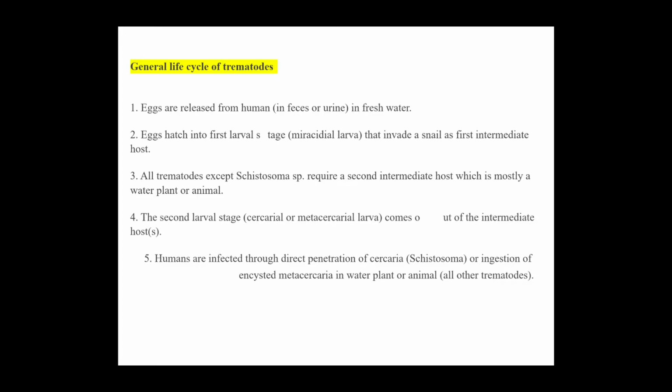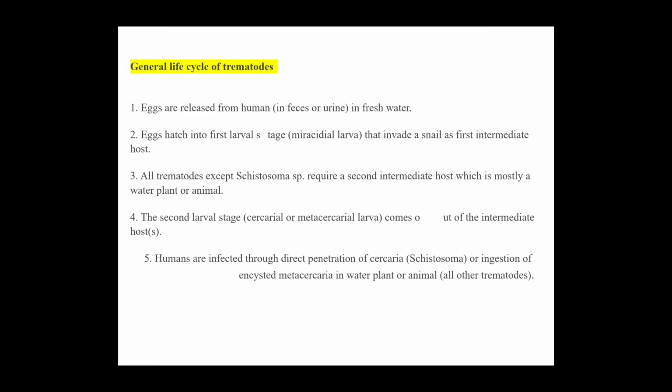This slide shows you the general life cycle of the flukes or trematodes. The eggs are released from humans in feces or urine into fresh water in the environment, in feces or in urine depending on the species.